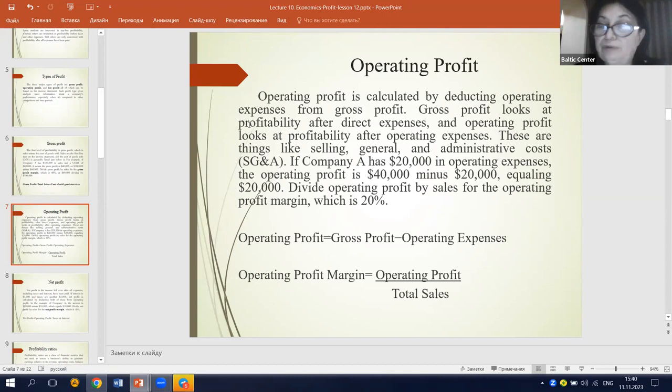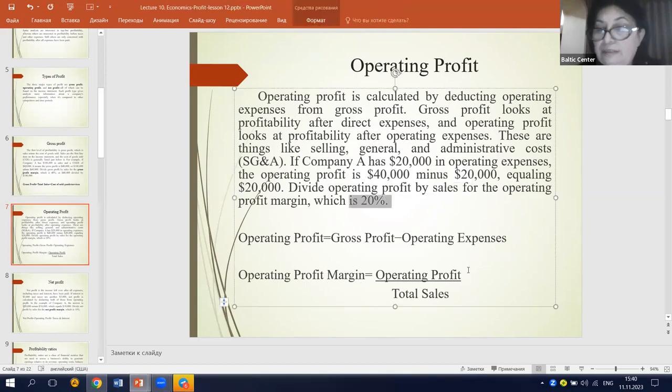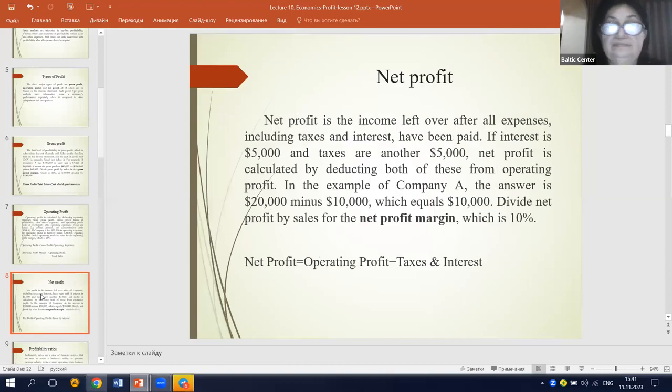So the formula for operating profit is gross profit minus operating expenses. Operating profit margin, we're calculating the 20%, is operating profit divided by total sales. Net profit is the income left after all expenses, including taxes and interest, have been paid.